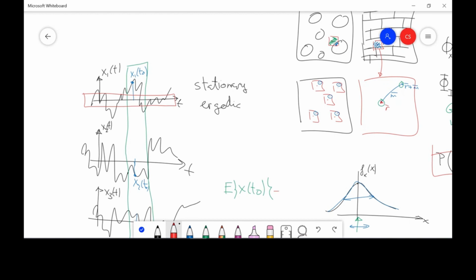And that will be equal to the expected value at a particular point. If this is true, then it is ergodic. This is one way to see it. There are multiple ways. They are all equivalent, but they highlight different properties of ergodic processes.